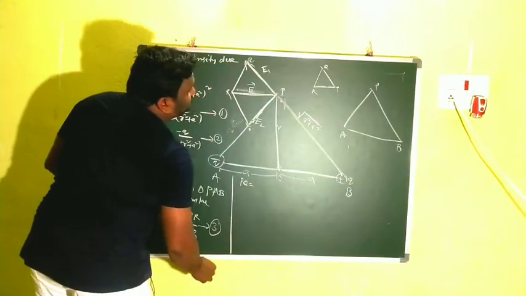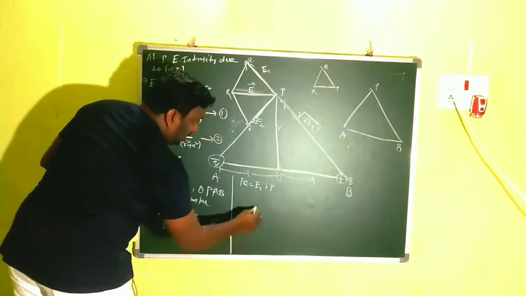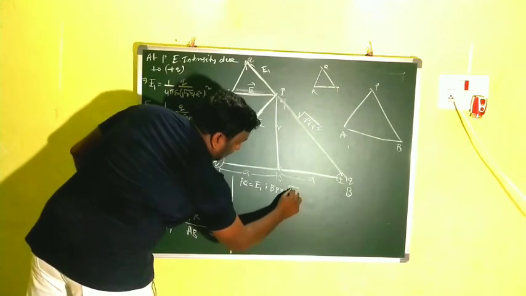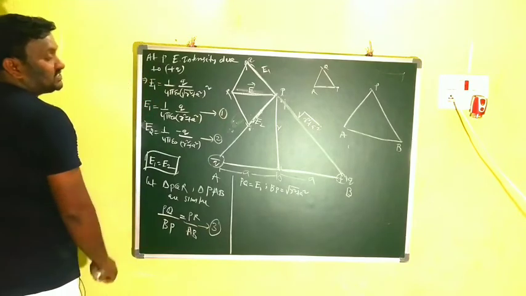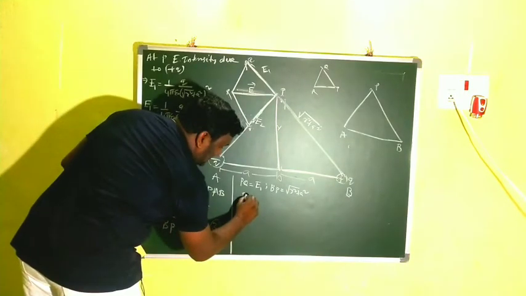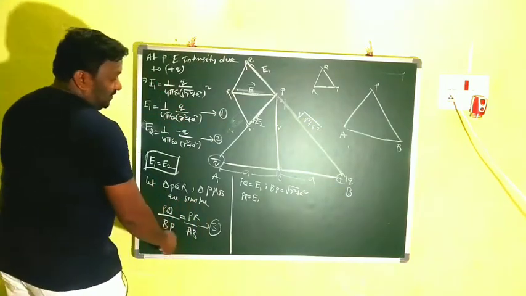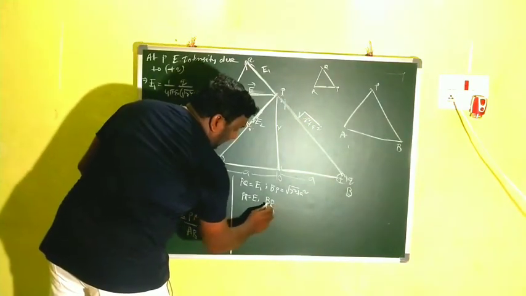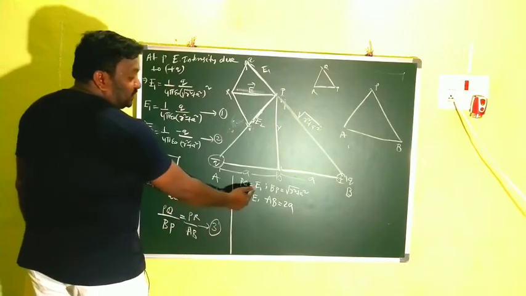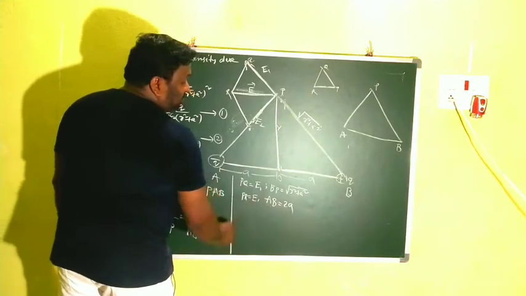So PQ is equal to E1, BP is equal to under root of R square plus A square. Next, PR is E, the resultant intensity that we have to find. And AB is the dipole length, that is 2A. Clear children? PQ is equal to E1, BP is equal to under root of R square plus A square, PR is equal to E and AB is equal to 2A.